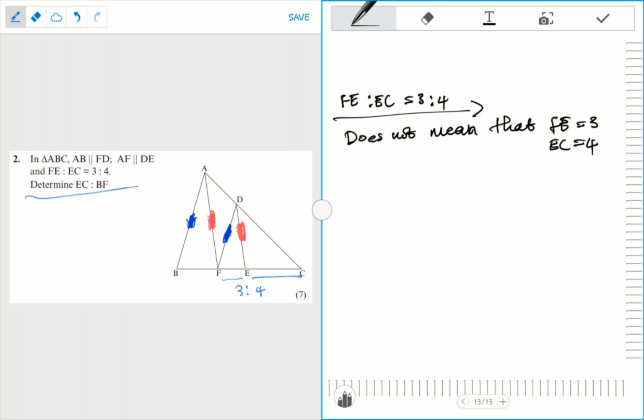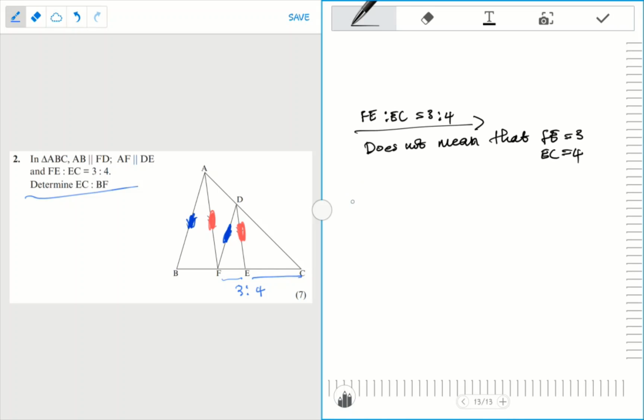No, it doesn't mean that. I'm trying to write it so that you guys can see.